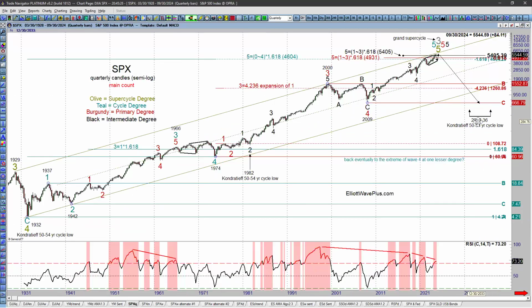I can tell you this: there's a Kondratiev 50-year cycle trough low due somewhere between 2032 and 2036. 1932 was that Kondratiev low, and probably 1982 was that 50-year low in the S&P and the Dow. So really 2032.